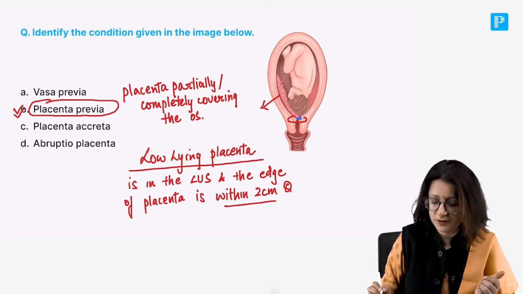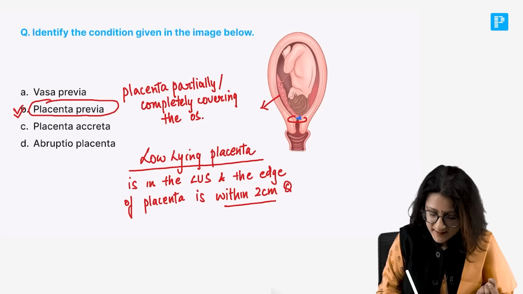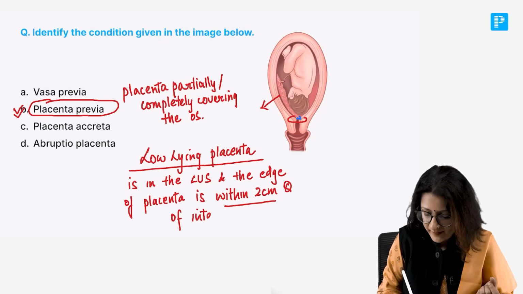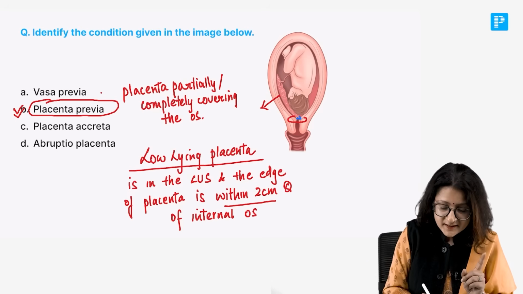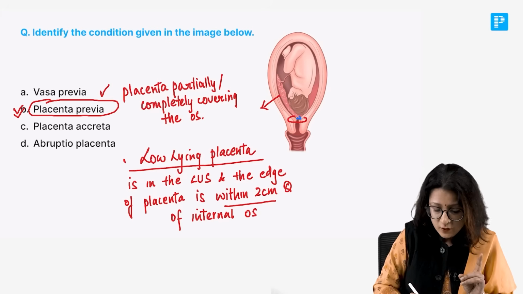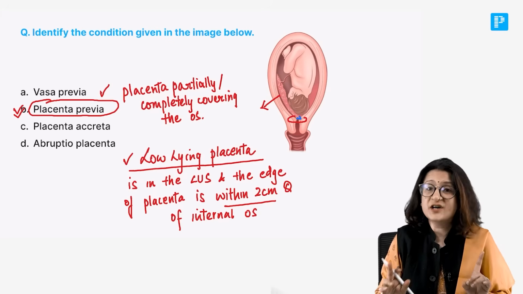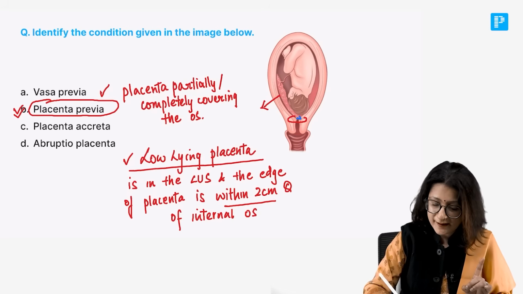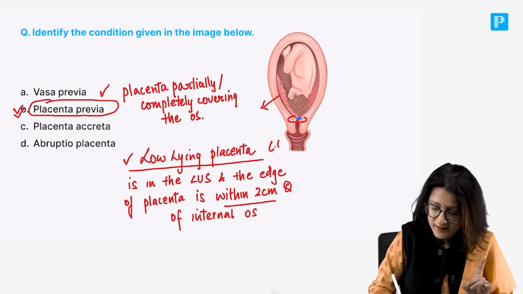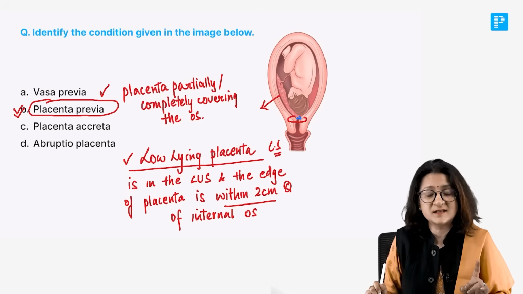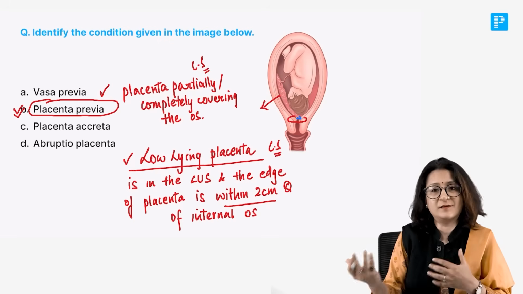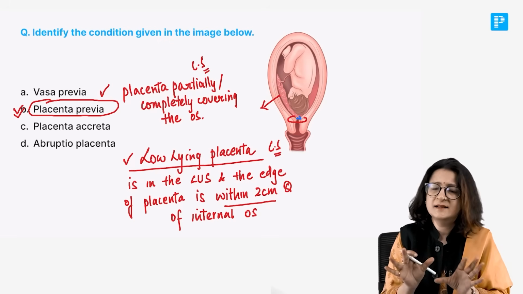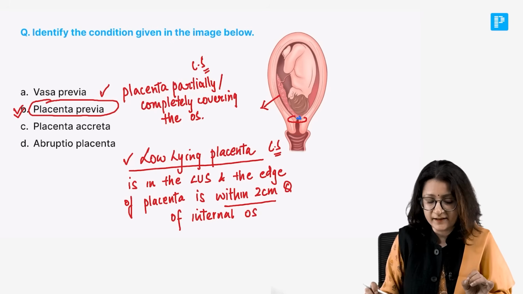This is also a question that has been asked. So please remember, whether it is placenta previa or low-lying placenta, there is no vaginal delivery. Even with low-lying placenta, the management is cesarean section, and even with placenta previa, which is partially or completely covering the os, it is fairly obvious that delivery is going to be by cesarean section.